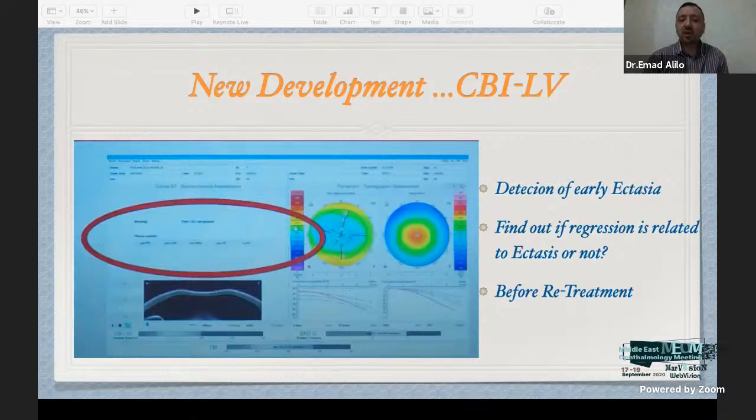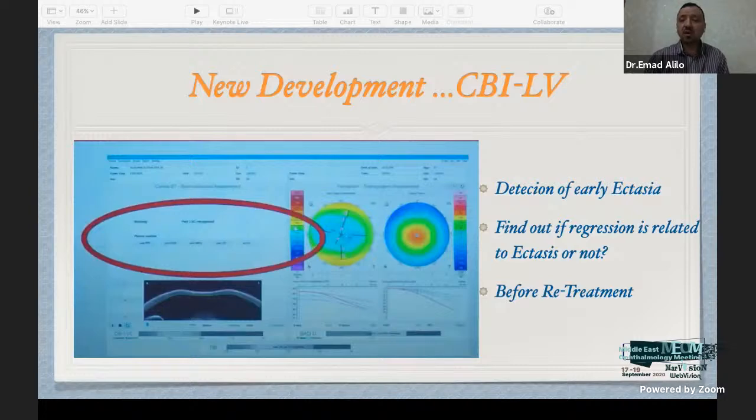Before you proceed, it will ask whether this patient has, if you know this information, of course, PRK, LASIK, SMILE, or refractive surgery of unknown kind, if you don't know what kind of refractive procedure he had, or whether he had a refractive procedure at all. And then it will give you new biomechanical indices depending on this input.